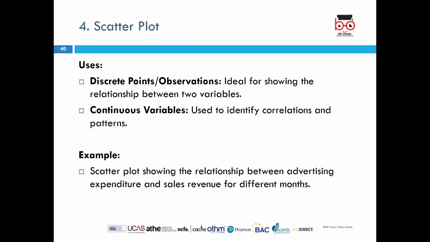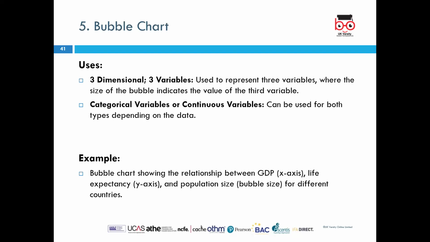Scatter plot, the use for this is ideal for showing the relation between two variables, and it's also used to identify correlation and patterns. Examples for these, we're now going to use scatter plot for showing the relationship between advertising expenditure and sales revenue for different months.